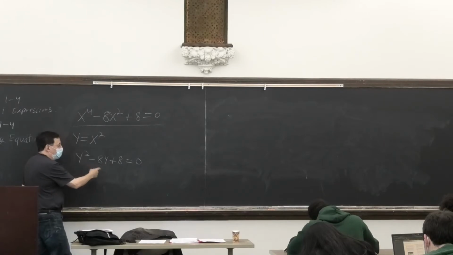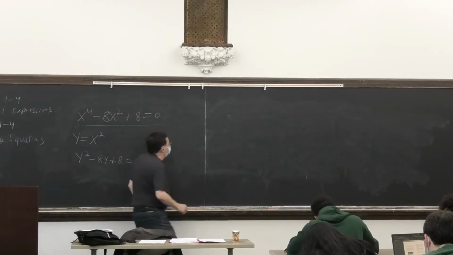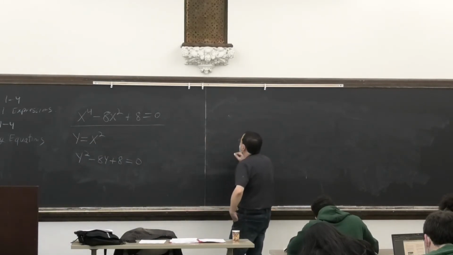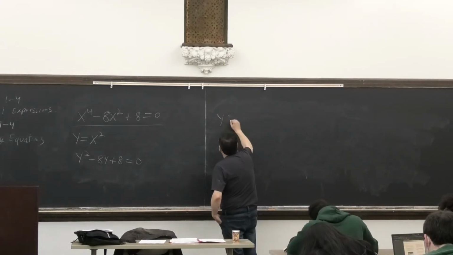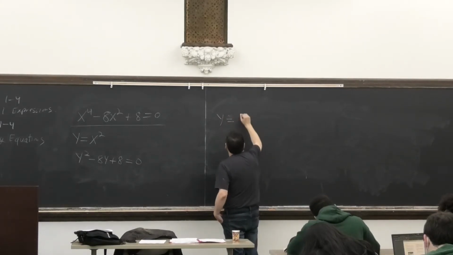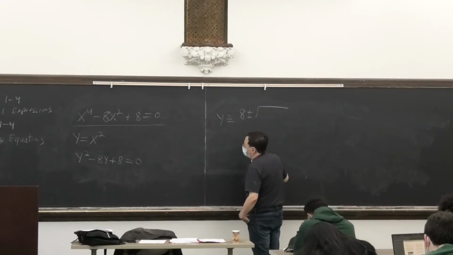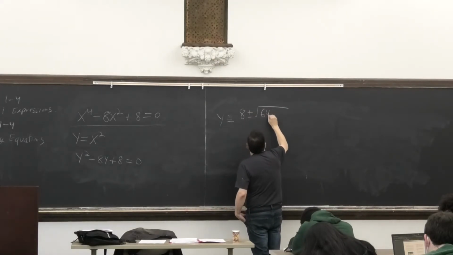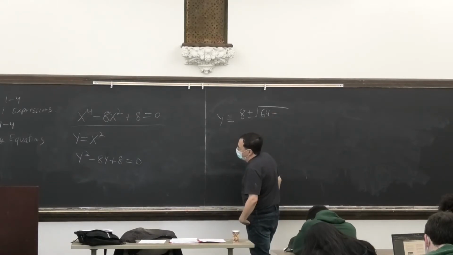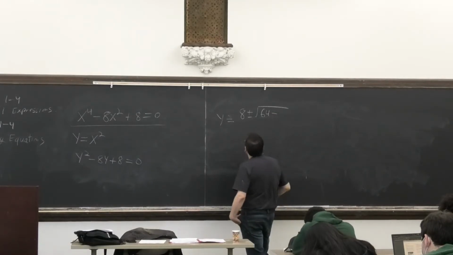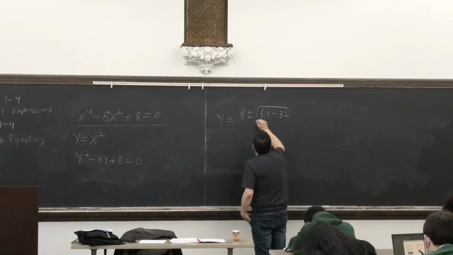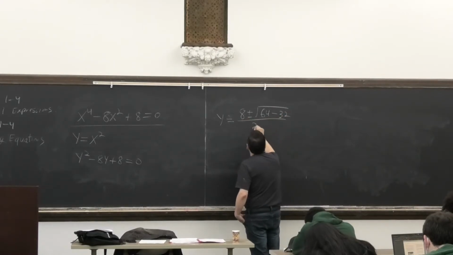This is not going to factor, so let's use the quadratic formula. That would be y equals negative b, which is 8, plus or minus the square root of b squared minus 4ac, which is 32, all over 2.